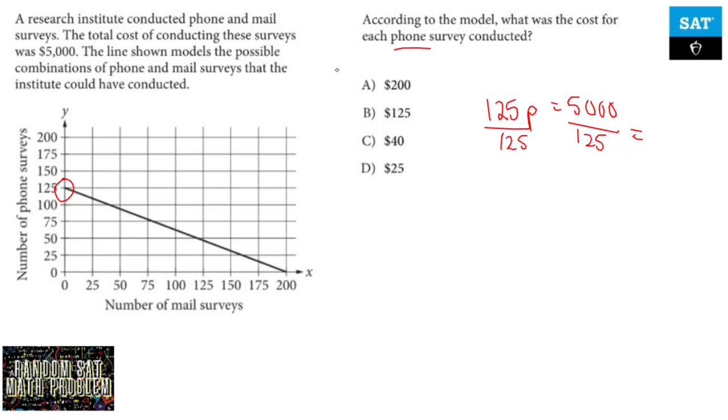No. I don't know if this is a no calculator section or not, so I'm just going to do the old-fashioned route, baby. 125, 5,000. It's 40. I did it. So $40 each phone survey. That's a lot of money for a phone survey. Better be worth it.